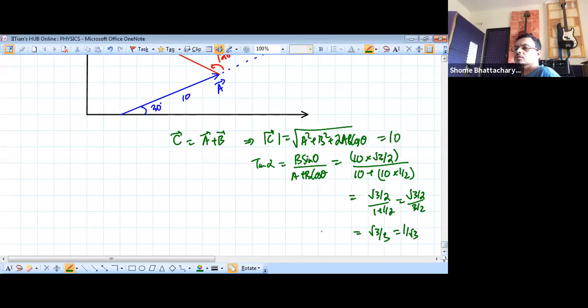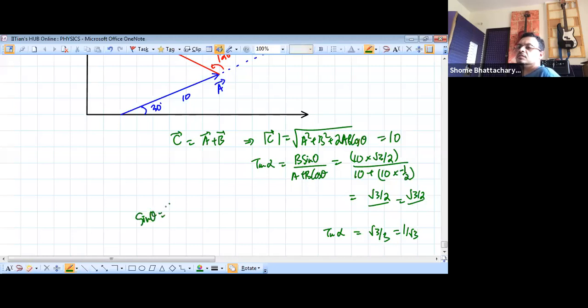Okay, so tan alpha. Oh sorry, my mistake, this is minus, because cos 120, so this will be minus half.